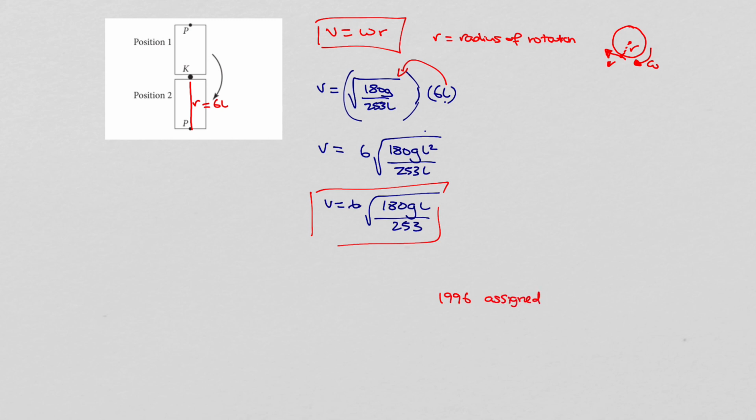And then to practice, you're going to do page 243. Question 6 for the rod. We're going to do question 8, which is a rod and a point mass.